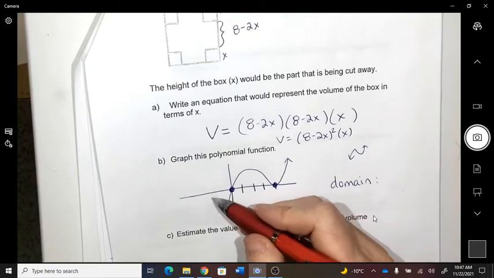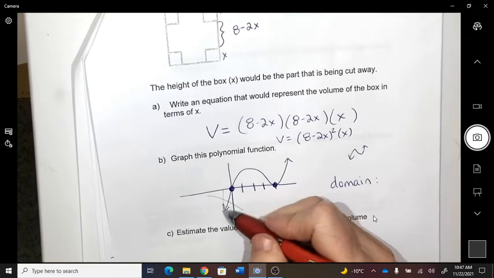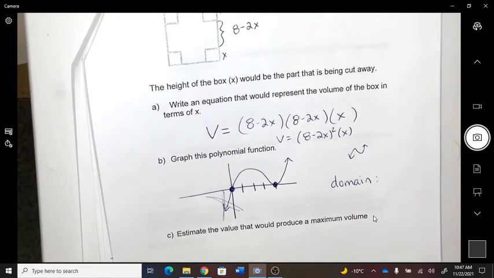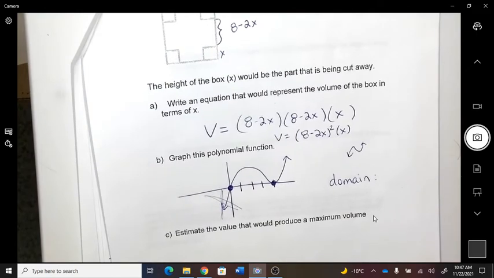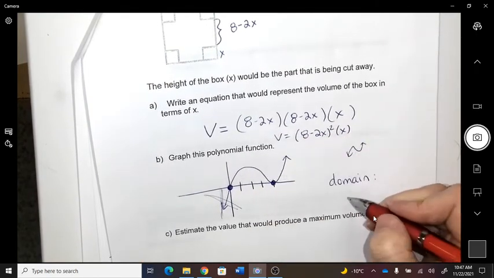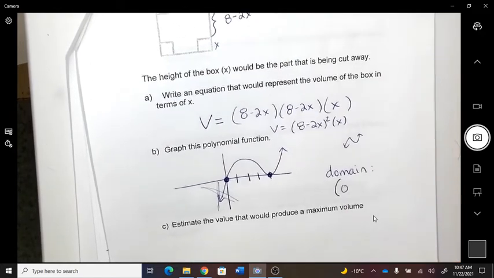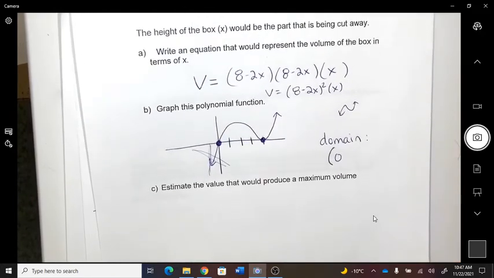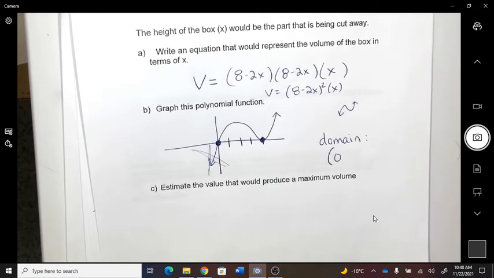You can't be negative. So like that wouldn't work. What else? Anything above 0 will work. Can I be exactly 0? No. Because if you cut off 0, your paper's flat.